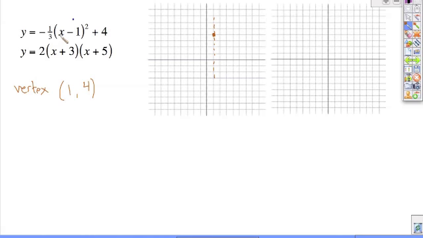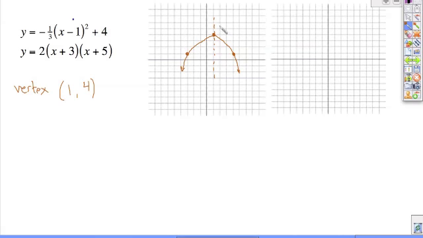For instance, if I plugged in 4, I'm going to get a nice number that after I square it, I can multiply by -1/3 easy. 4 minus 1 is 3, squared is 9, times -1/3 is -3, plus 4 is 1. And because I know that the parabola is going to be symmetric, I can plot both of these points, and I'm able to draw a graph for this quadratic.